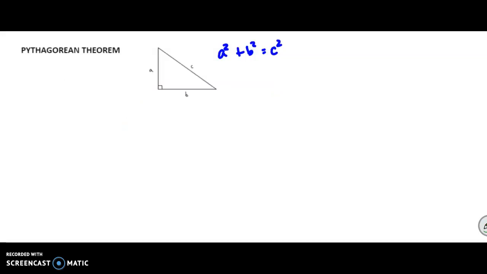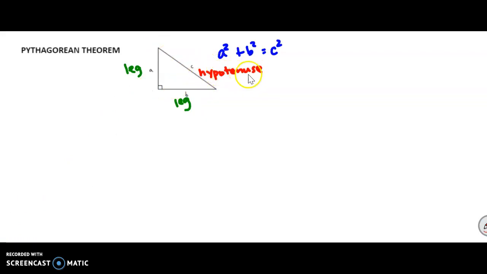Now there's a famous theorem called the Pythagorean theorem by the Greek mathematician Pythagoras, and he discovered that there's this relationship for right triangles only: a squared plus b squared equals c squared. To be more accurate, these are called the legs, and the longest side, across from the 90-degree angle, is what's called the hypotenuse.